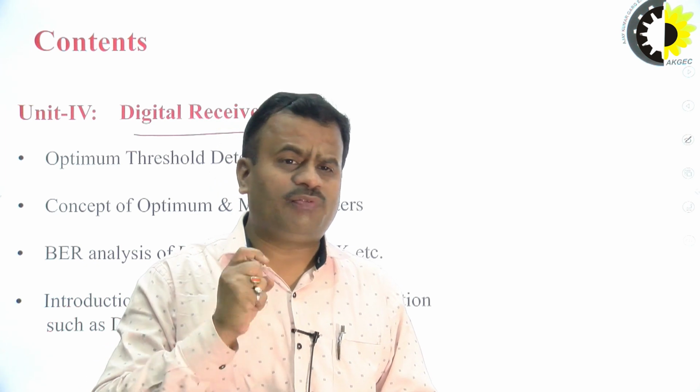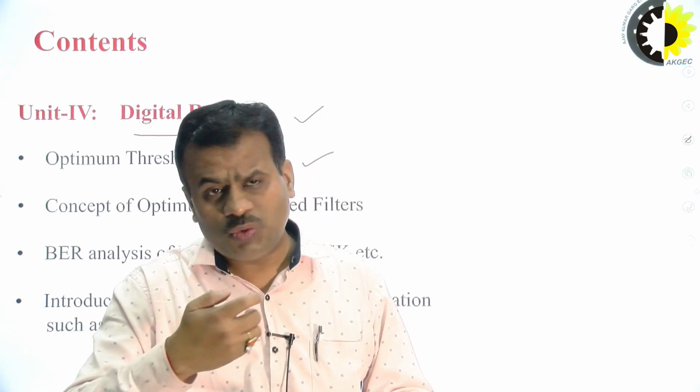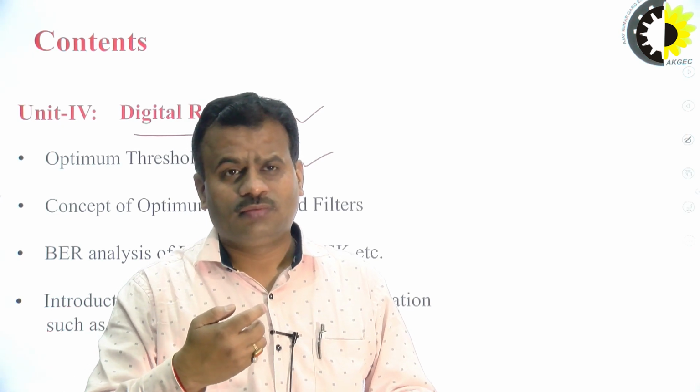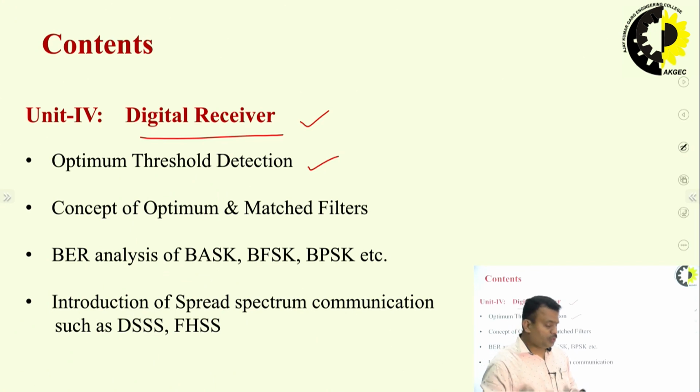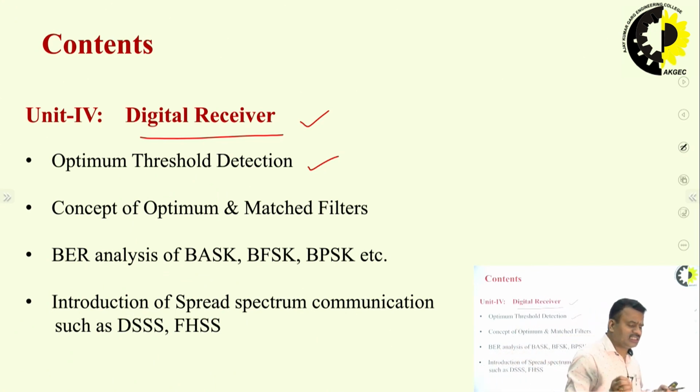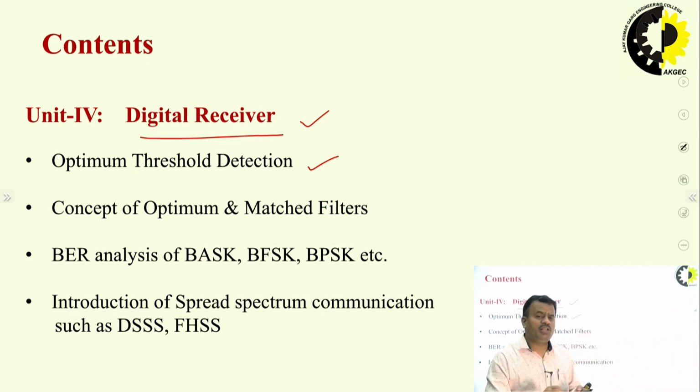If you transmitted 10111 from the transmitter, then at the receiver what you extract must be exactly the same. So here you have to detect your signal properly and correctly, which means with minimum probability of error and maximum signal to noise ratio. These are the two conditions.